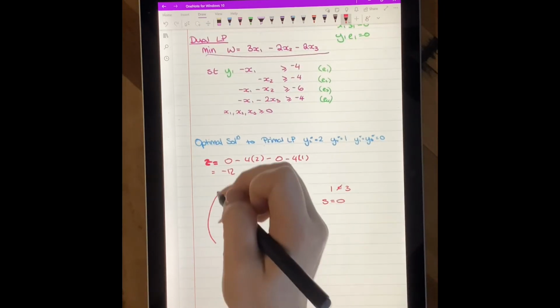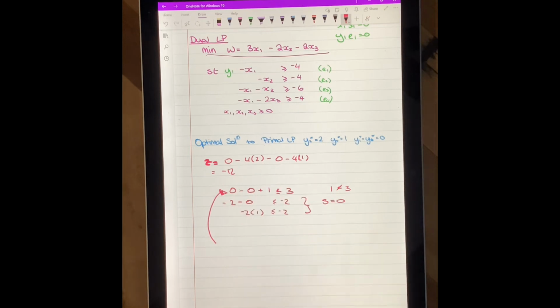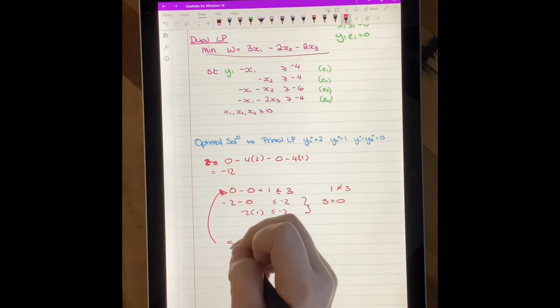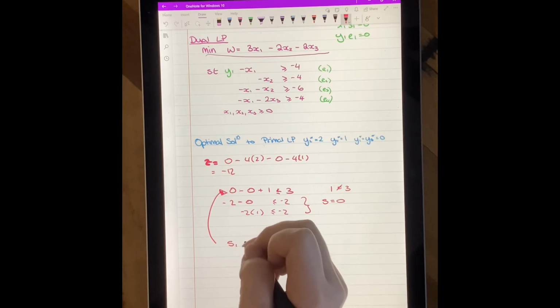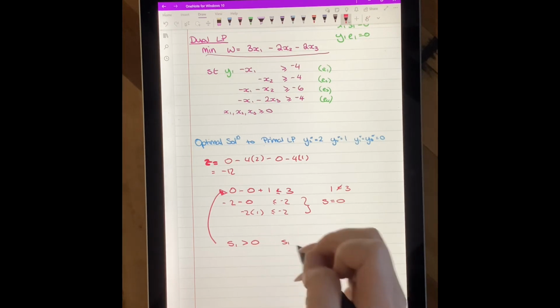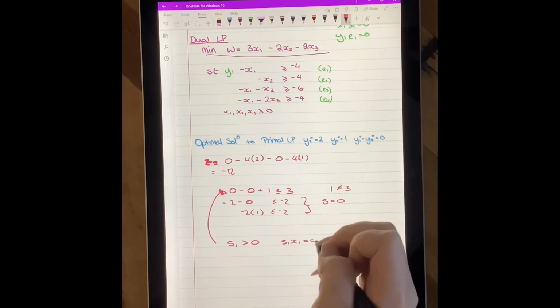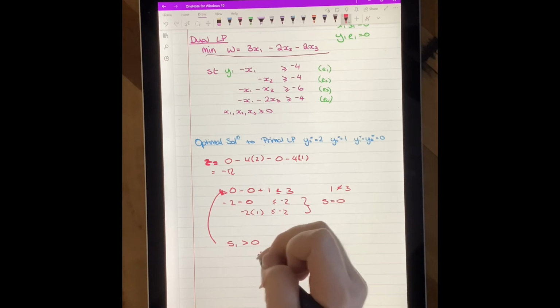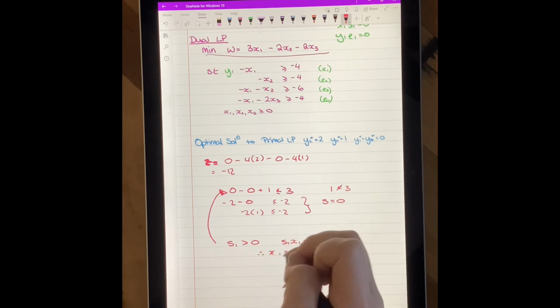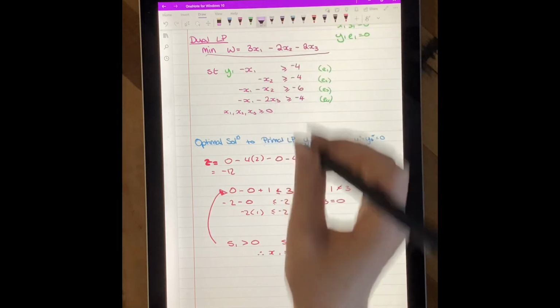So from here, S1 must be greater than 0. And since S1 times X1 must equal 0, therefore X1 equals 0.